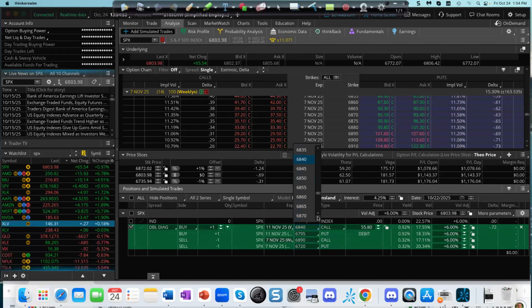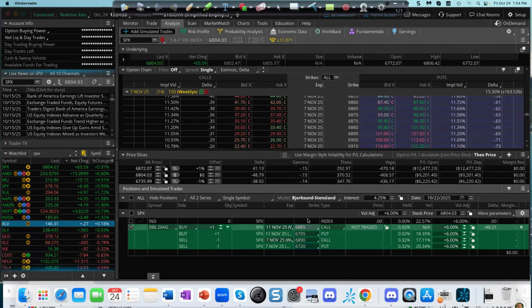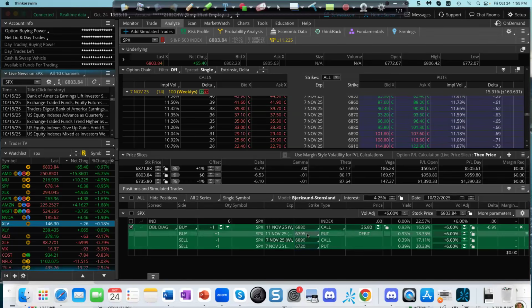Now, I don't know if they'll have this strike. They don't, right? So I might have to just ad lib it, go 10 points underneath at 68.80. My short put is 67.20. I'm going to go 10 points above that, 67.40. Something like this.